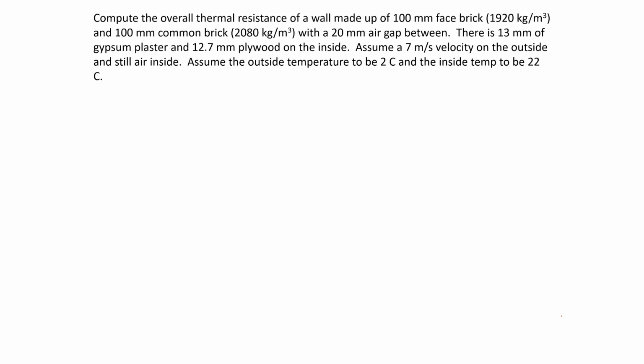There's 13 millimeters of gypsum plaster and 12.7 millimeters of plywood on the inside. Assume a 7 meter per second velocity on the outside and still air inside, and assume the outside temperature to be 2C and the inside temperature to be 22C.